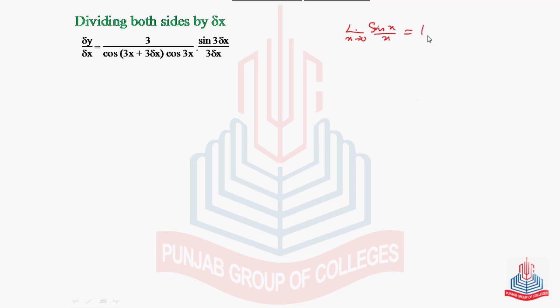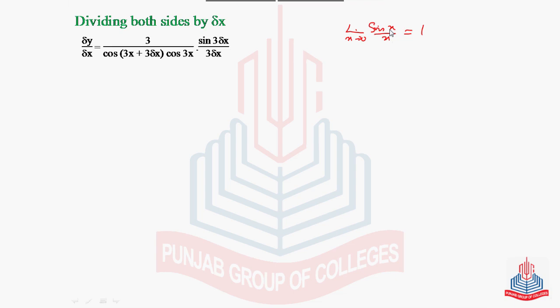So to complete this result, we have the angle here, sine 3 delta x, but when we divide by delta x, along with this we have to take 3, as there should be in the denominator the same thing which is appearing as the angle with sine.